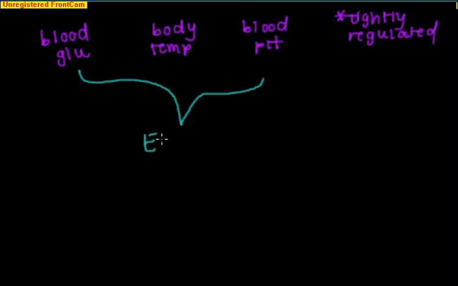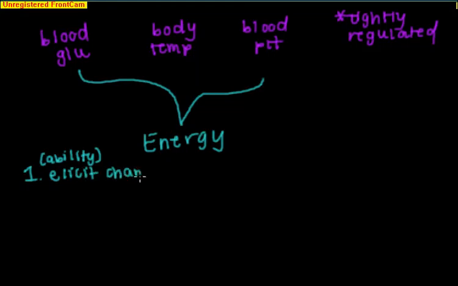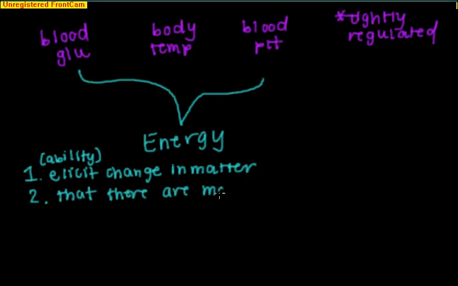And it may seem abstract at first to think of these notions as energy. But if we recall two concepts, that energy is the ability to elicit change to matter. And the second, that there are many forms of energy.